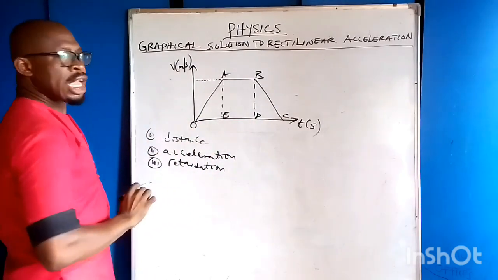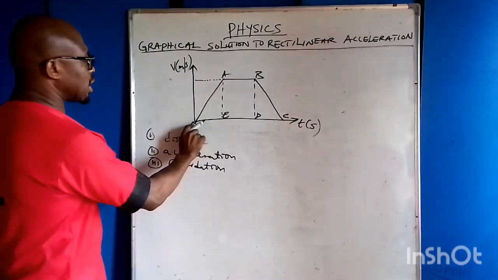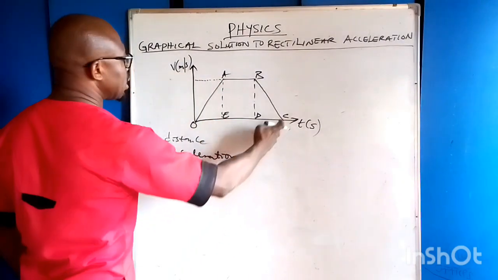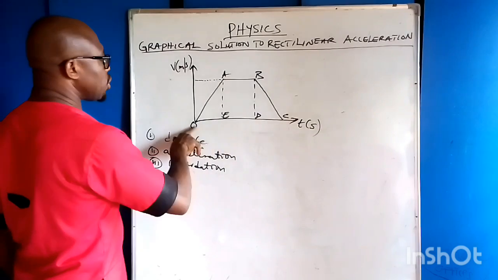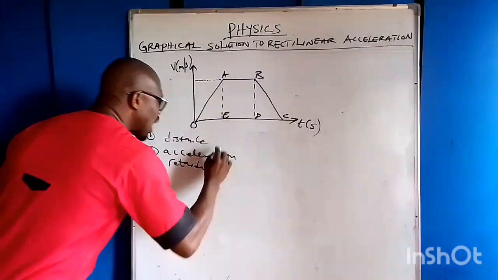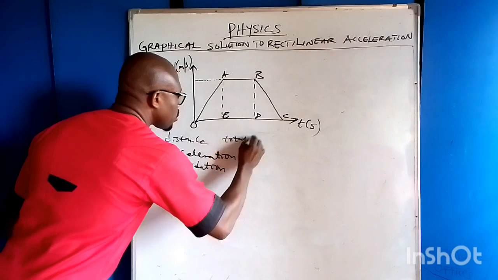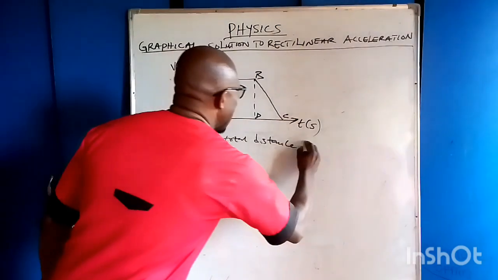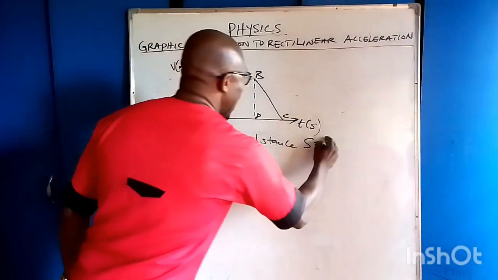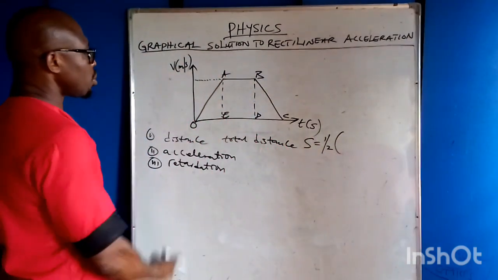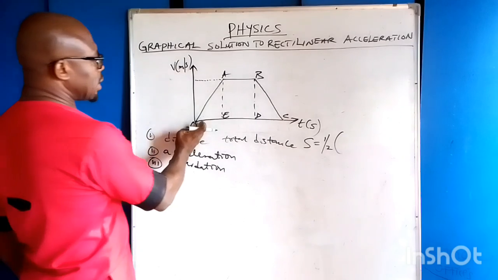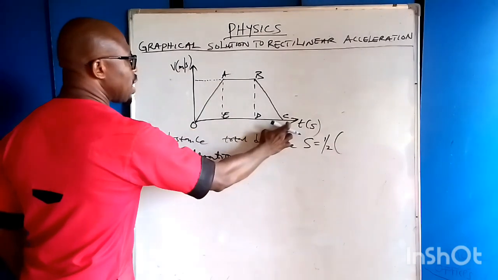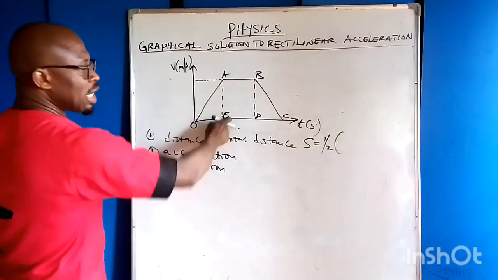Now, for the first one, if you want to calculate the total distance from the starting point to where the body applies the brake or comes to rest, that is from O to C. Total distance covered, we can say S is equal to half into, since it's a trapezium that has a longer side and a shorter side, we take the longer side first plus the shorter side times the height.